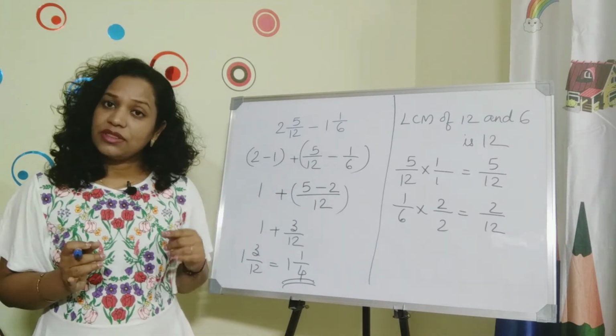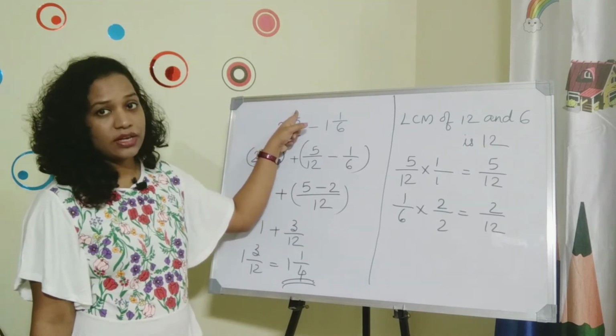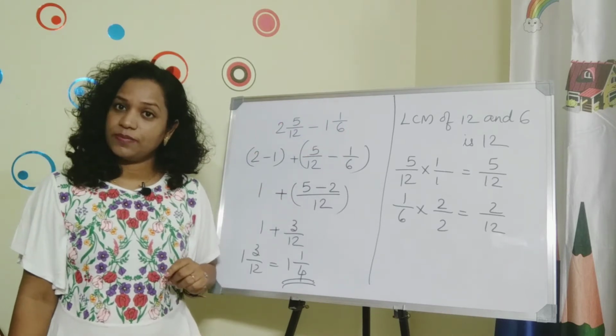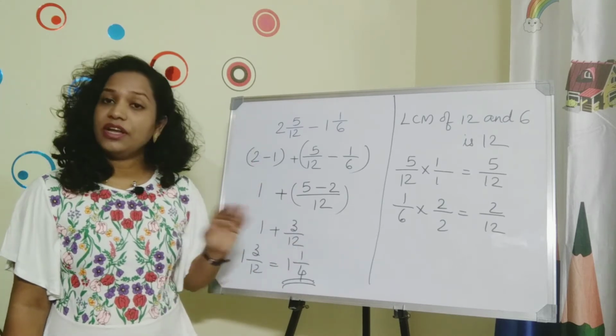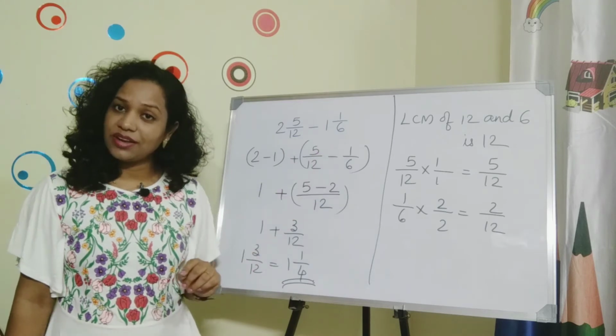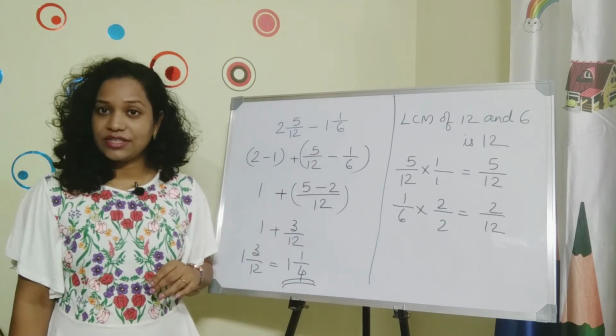The second method is applicable only if the first fraction is bigger than the second fraction. So you have to be a little careful when you do this method. It is not at all difficult to check which fraction is bigger, right? You have already learned the comparison of fractions.